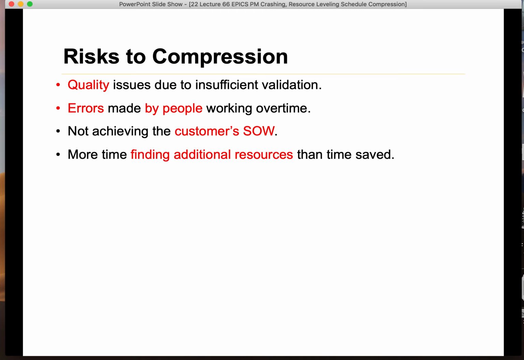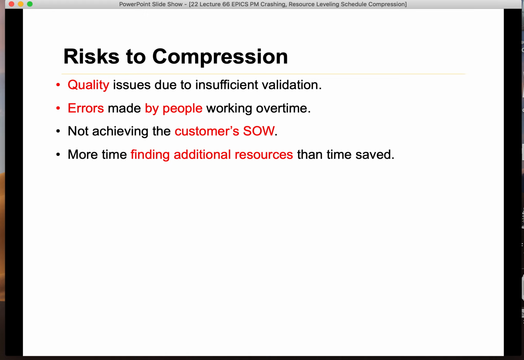More time finding additional resources than time saved. Especially as a project manager, you'll go out and try to find additional resources, which will decrease your time monitoring the project and progress. Then there will be a vicious cycle. There will be more problems. You will need more money, so you will go out and find money.